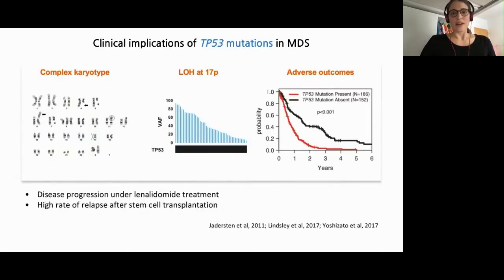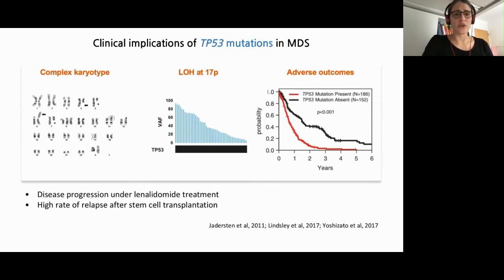So, TP53 mutations in MDS. TP53, the guardian of the genome, is the most frequently mutated tumor suppressor across all types of cancers. And in MDS, it's mutated in approximately 10% of patients and, as in most cancer types, associated with high-risk disease, high risk of evolution and treatment resistance. It is strongly associated with so-called complex karyotypes, a high rate of genomic instability.